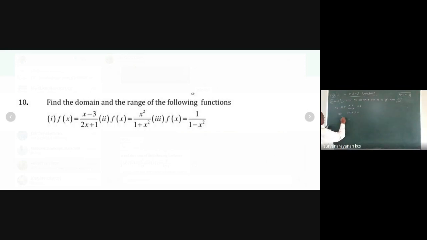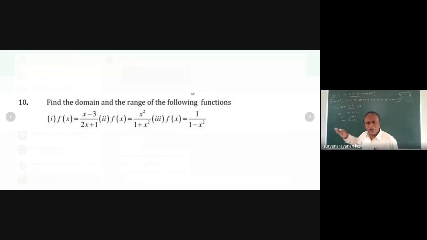This implies 2y is not equal to 1. So y is not equal to 1 by 2. So this is a range. That means y values, what are the y values here? 1 by 2 is not the value of y, because y assumes all the real numbers except 1 by 2.